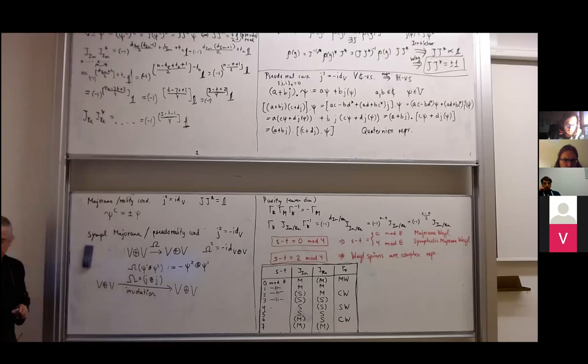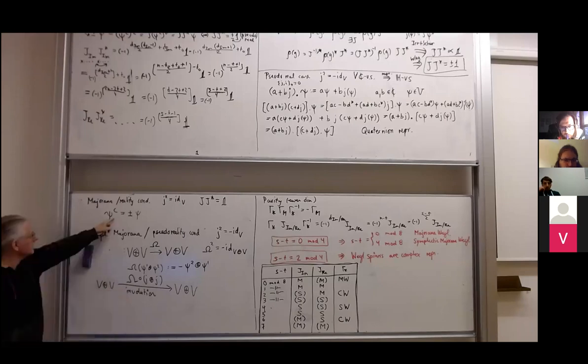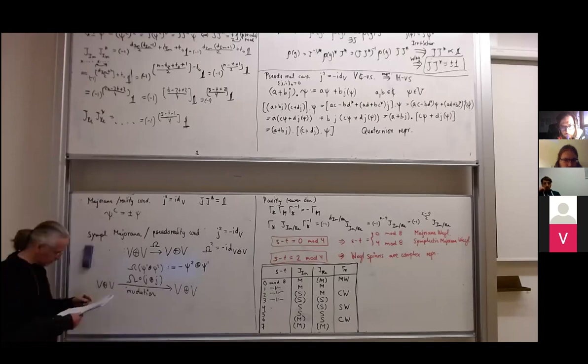Does that make sense? And so on the double copy, we can now split this in two sectors, where we can impose something similar to this condition on the double here.